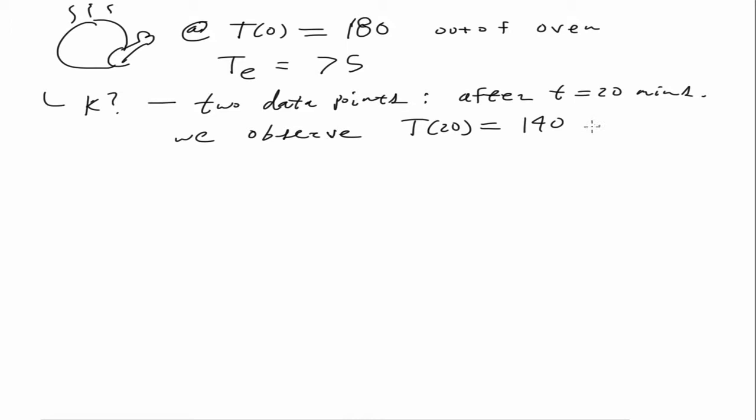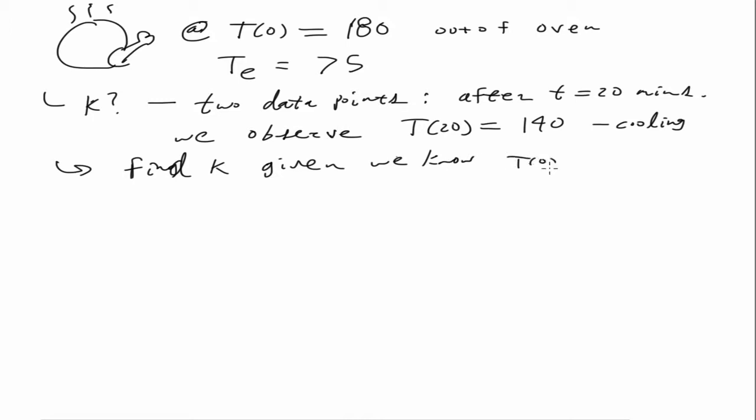Okay, so we've had some cooling. All right, so the question then is, can we find K, given we know T at time 0 and also T at 20 minutes?